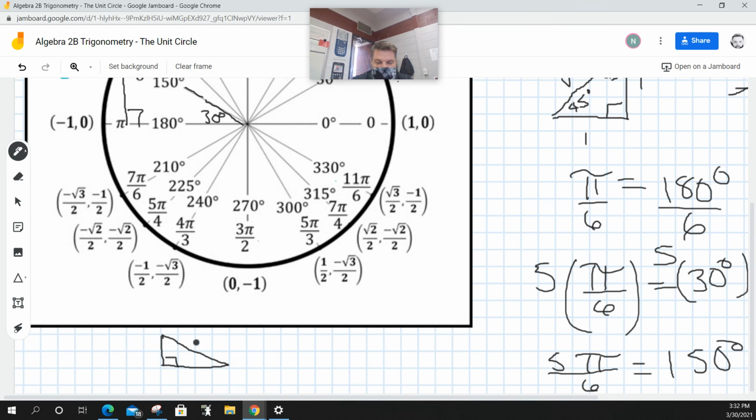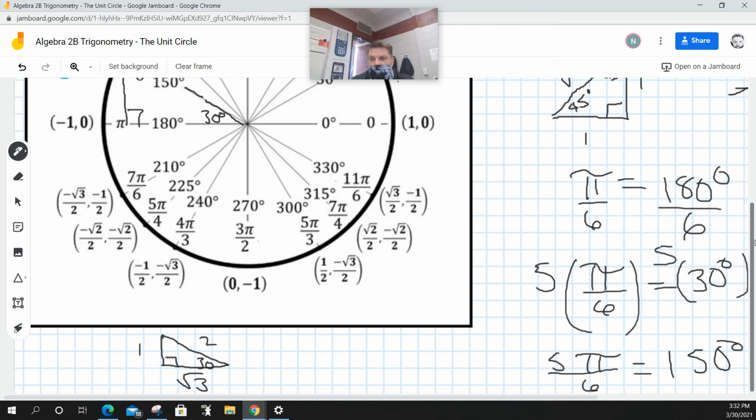The unit circle is called the unit circle because the radius is 1, but the ratio is the same. So this would be like your 30-degree angle, all right? And this up here, this is the short side, so this would be like 1, and this would be 2, and this would be like the square root of 3.